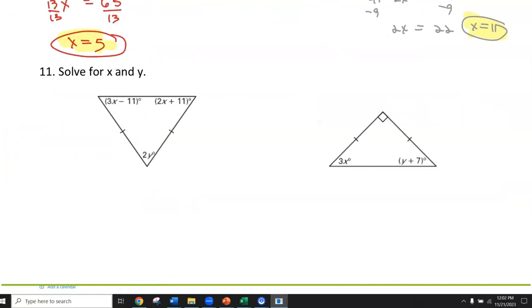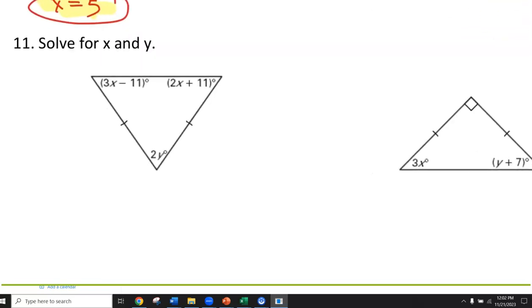Okay, here it says solve for x and y. What do I know? Well, I know that I can't solve for x and y simultaneously. The big tip-off here are these equal sides. The second you see that, you know that these angles are your base angles, and the base angles of an isosceles triangle are equal.